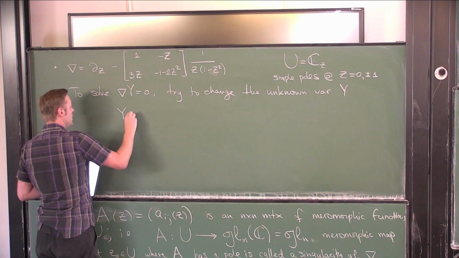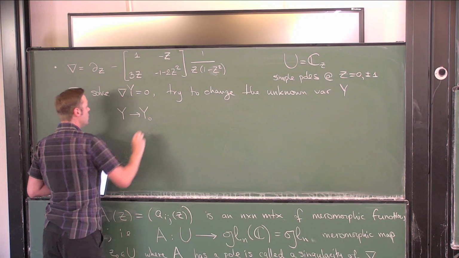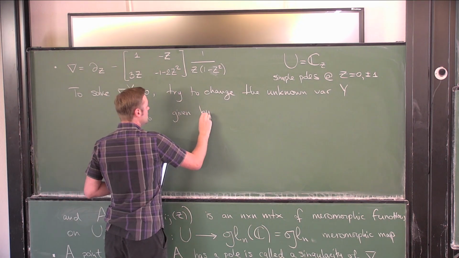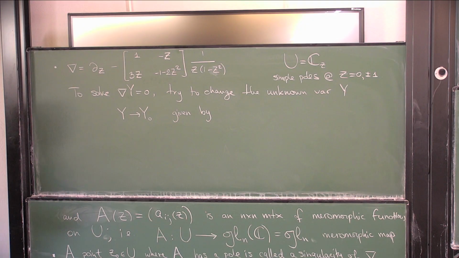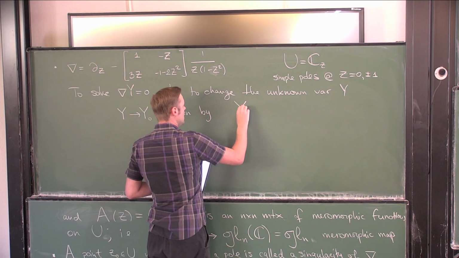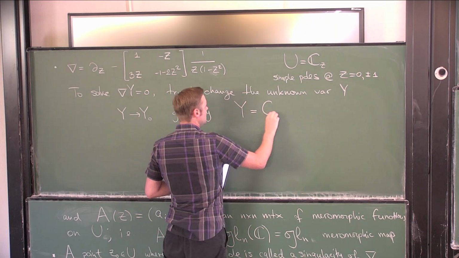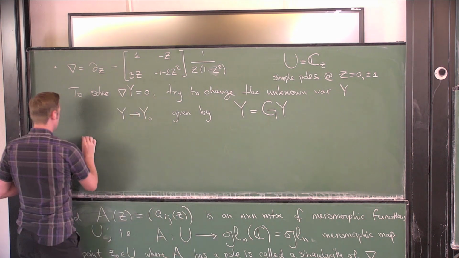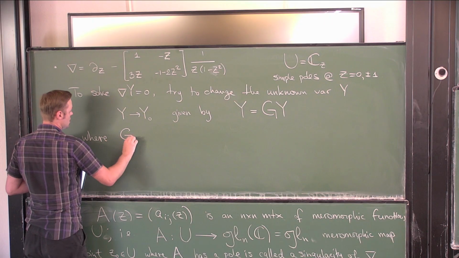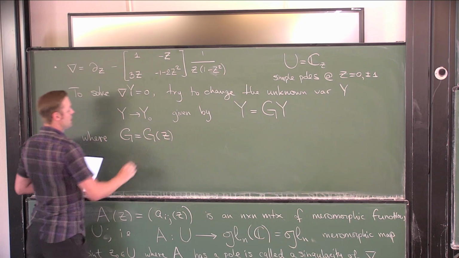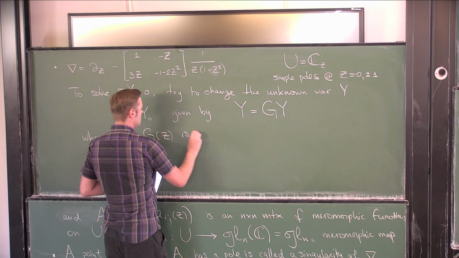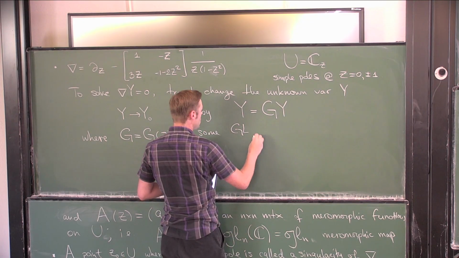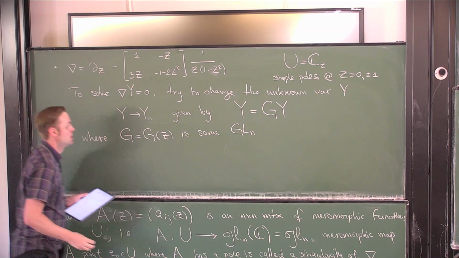You go from y to some new variable y naught, let's say, given by, so the most typical way in this business is to multiply, introduce a matrix G, where G is allowed to depend on z, some kind of GL, well in this case GL2, but in principle GLN matrix.